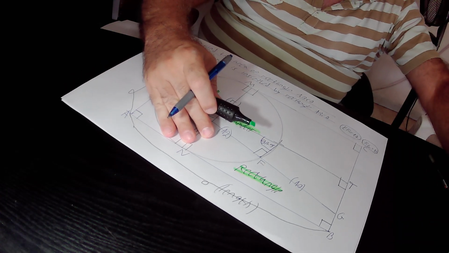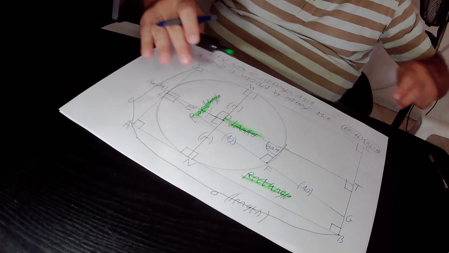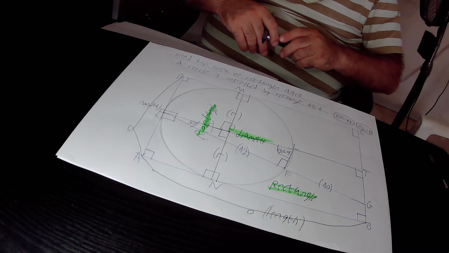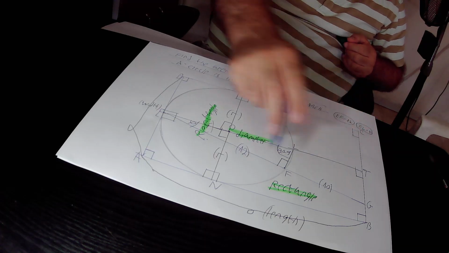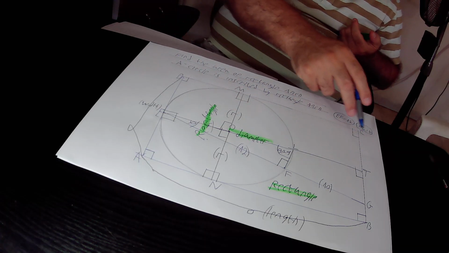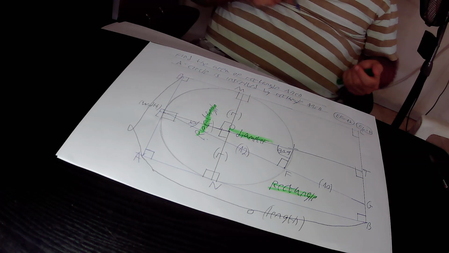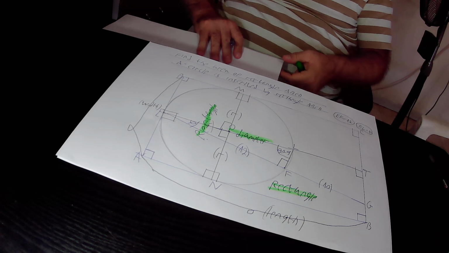But we also know that the opposite sides of a rectangle are equal to each other. So in rectangle ETBA, side ET must be equal to the opposite side AB. So write it down.